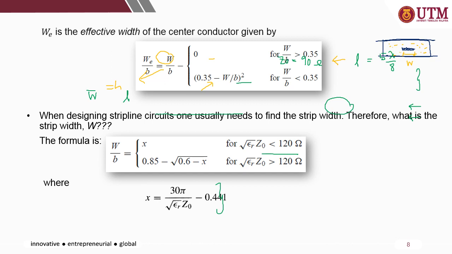We can estimate W over B, the ratio of the width to the thickness of the structure, by using this, which depends on the characteristic impedance and epsilon r, the relative permittivity. If it is less than 120, the ratio of the width to the thickness equals x, in which you can calculate x with this equation.